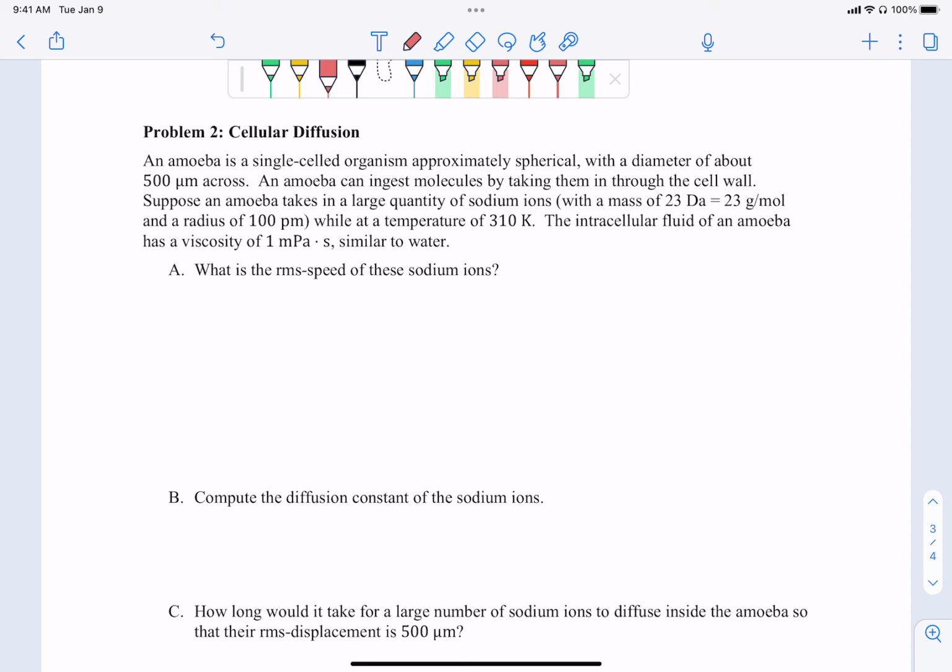Suppose an amoeba takes in a large quantity of sodium ions with a mass of 23 daltons, which is 23 grams per mole, and a radius of 100 picometers. While at a temperature of 310 Kelvin, the intracellular fluid of an amoeba has a viscosity of 1 millipascal seconds, similar to water. Now it's asking us, what is the RMS speed of the sodium ion?